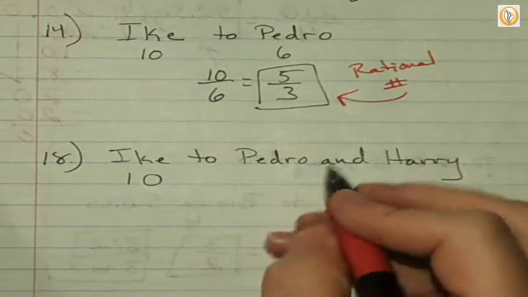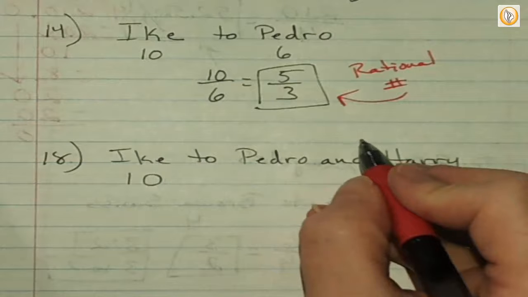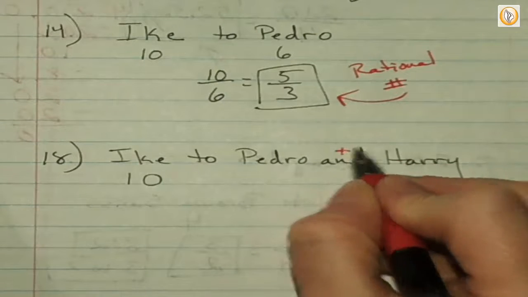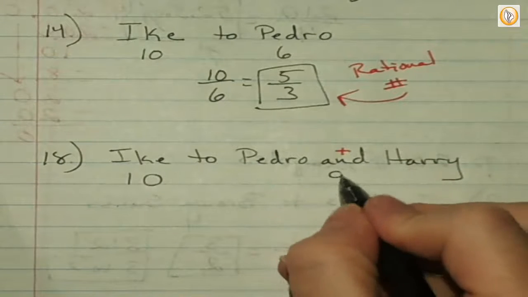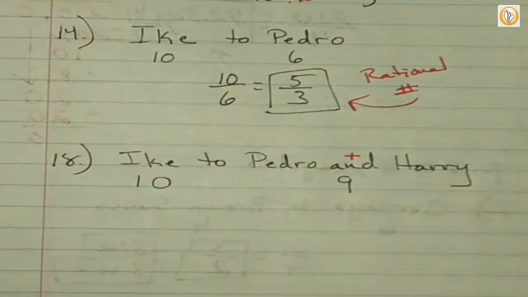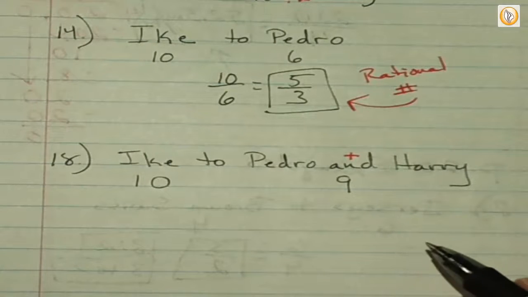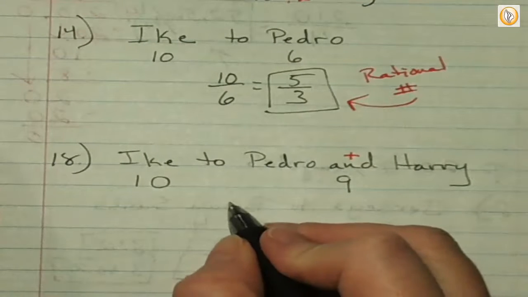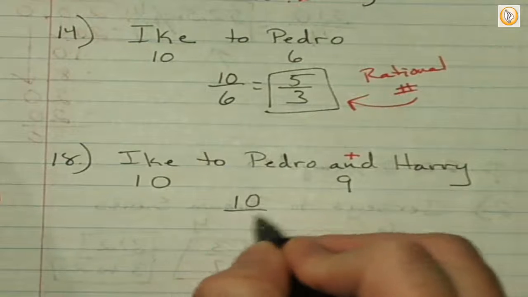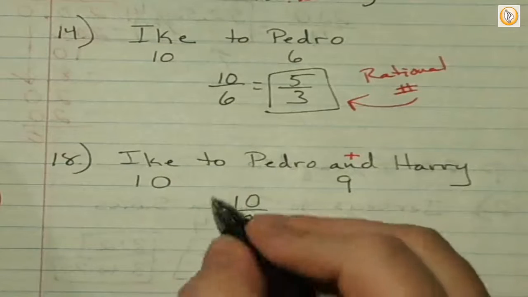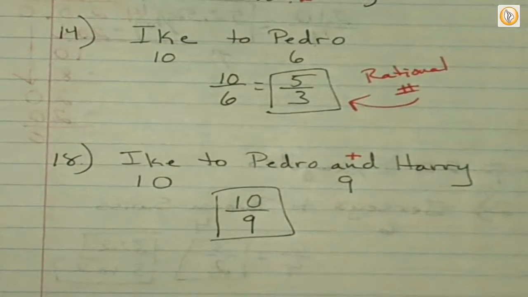Very good. Pedro and Harry is basically adding. So then it would be 9. Do y'all all see where she got 9? Yes. All right. So, Natalia, how would you set that up? 10 over 9. And can you reduce that? No. And it's asking for rational numbers. Which that is. Excellent.